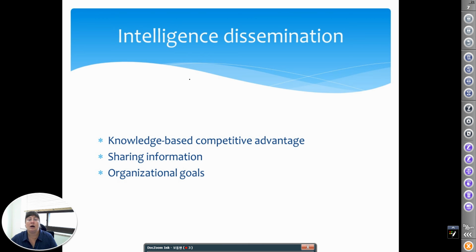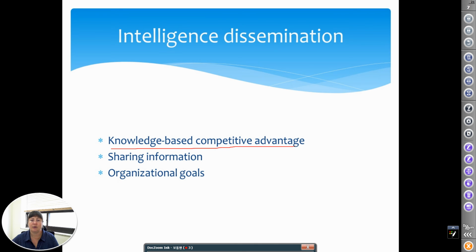What else? The second dimension to the interaction, intelligence dissemination. What does it mean? It means that through the intelligent dissemination, if we want to build this strong competitive high-tech strategy, we should find this knowledge-based competitive advantage.